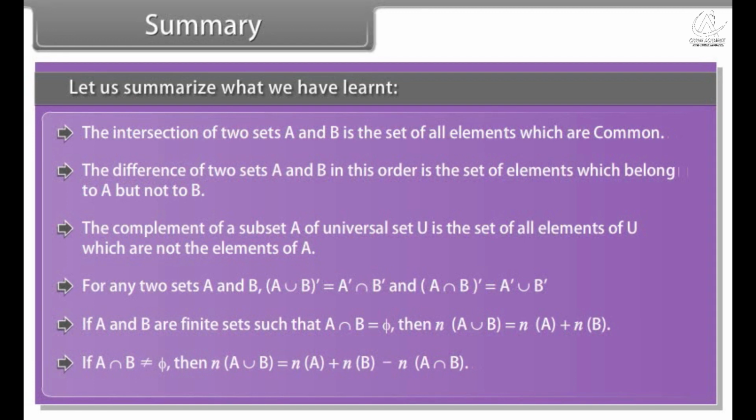If A intersection B does not equal phi, then n(A union B) is equal to n(A) plus n(B) minus n(A intersection B).